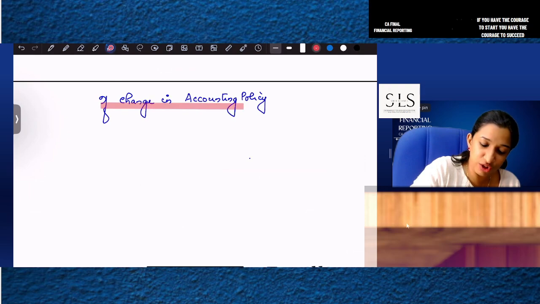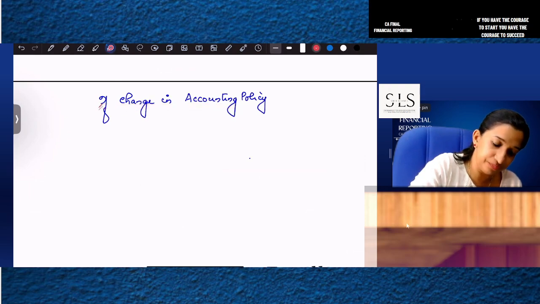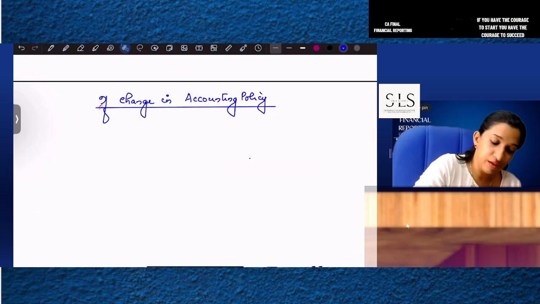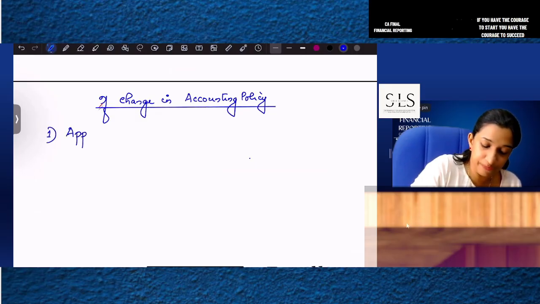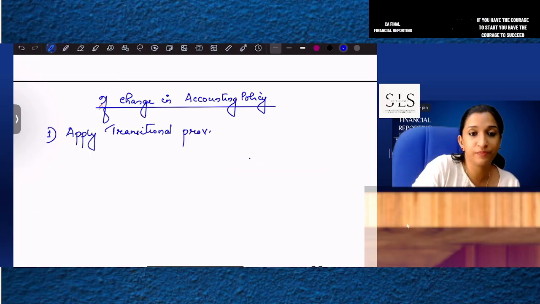When there is a change in accounting policy, first apply transitional provisions if there are transitional provisions.